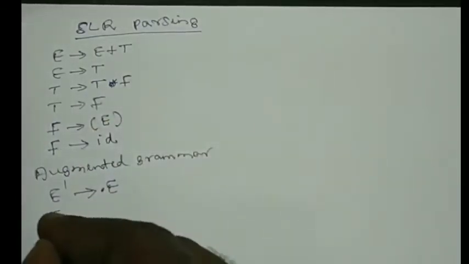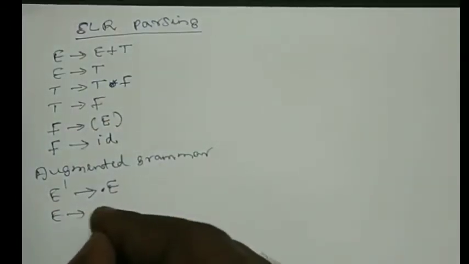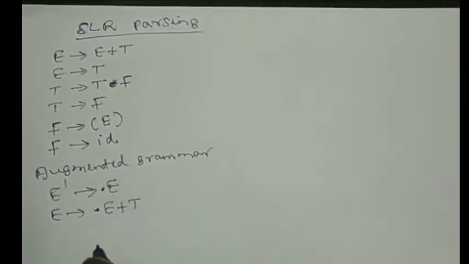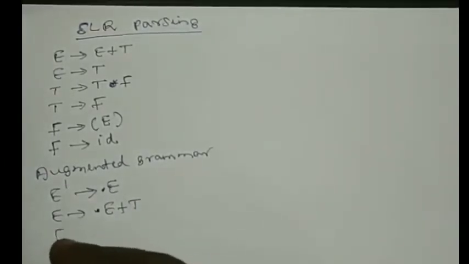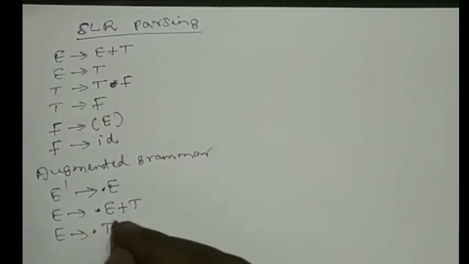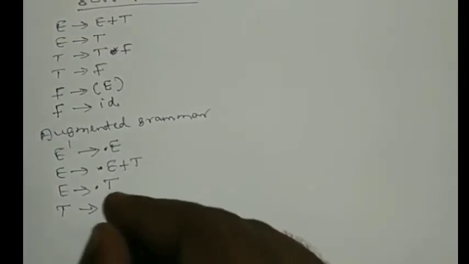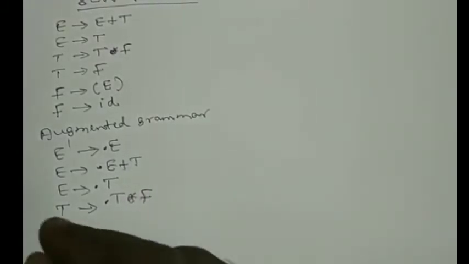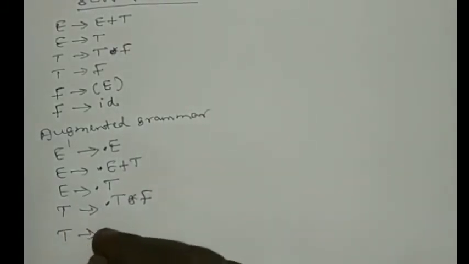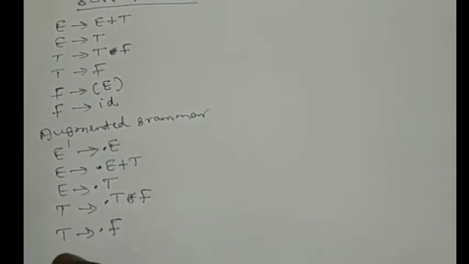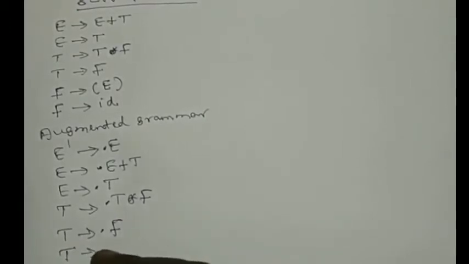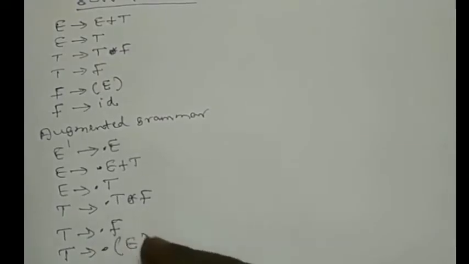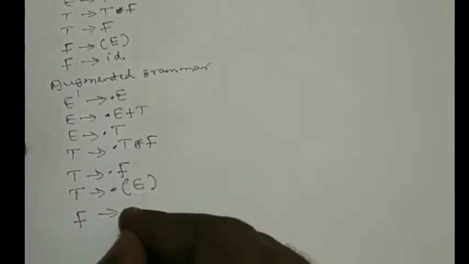So the original production is E tends to E plus T. So I can place that E tends to dot E plus T. Then E tends to dot T. T tends to dot T star F. And then we can have T tends to dot F, then F tends to dot E, and the last one is F tends to dot ID.